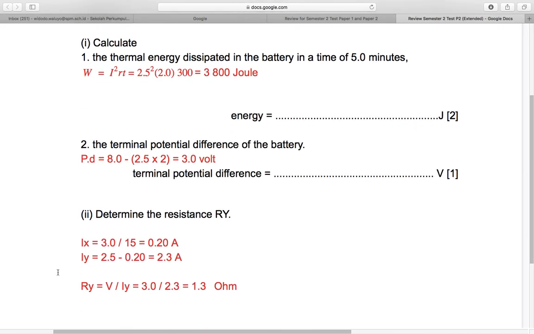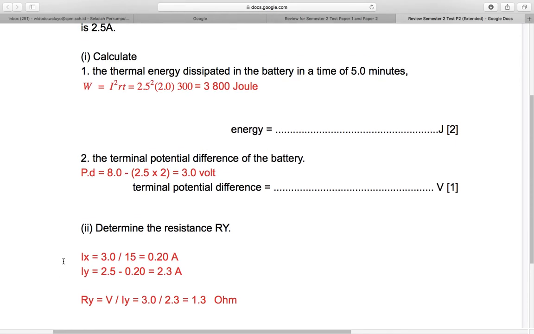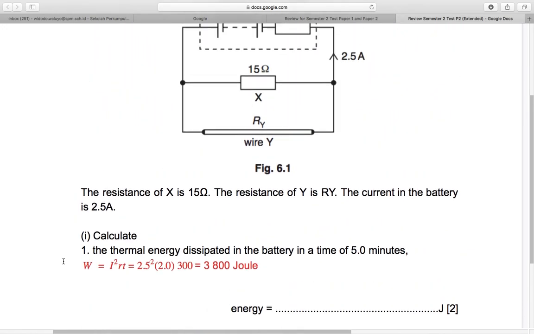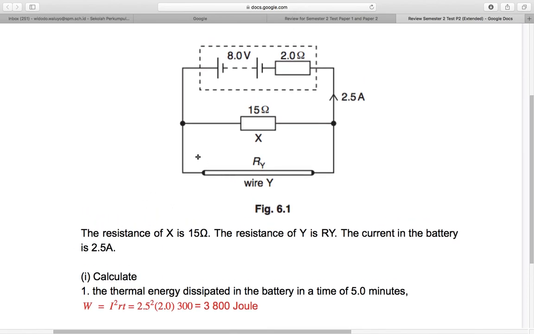Now, to determine the resistance Ry, we need to find Iy first. We don't know the current in the wire. We can find it by Kirchhoff's law: current into the junction equals current out of the junction.